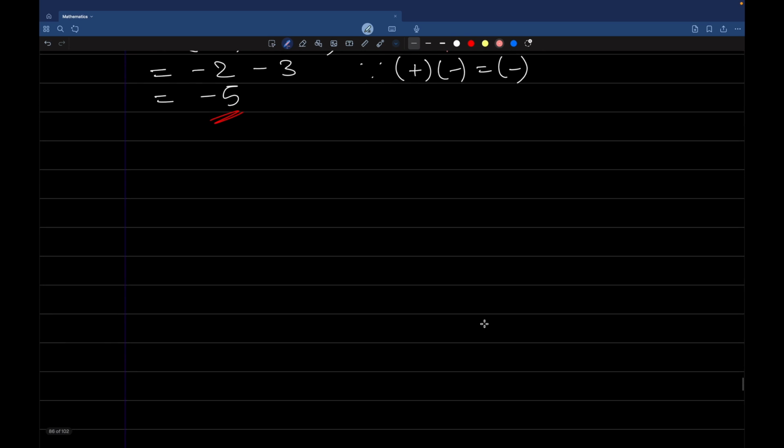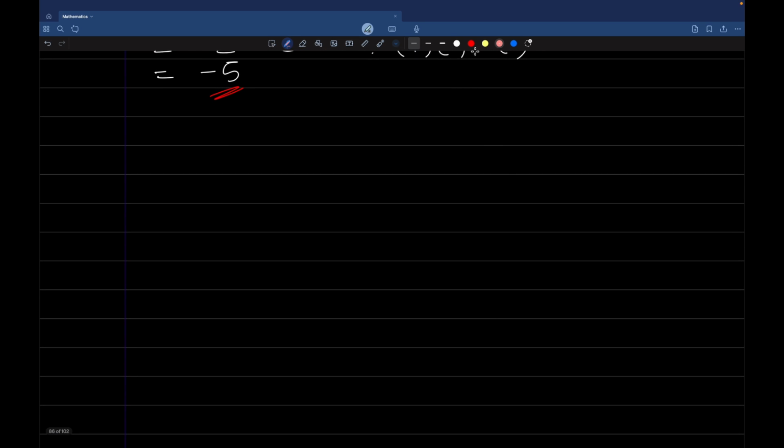Now let us solve question number 1d. The question says integers with the sum smaller than only one of the integers.